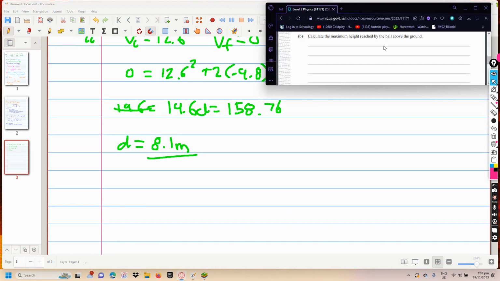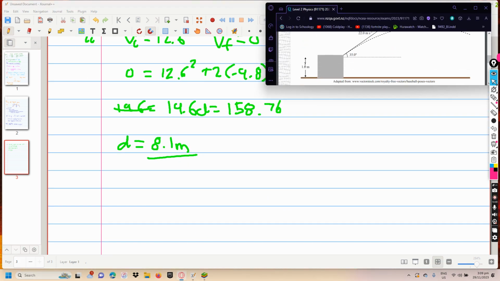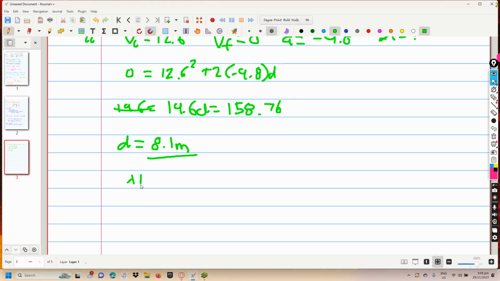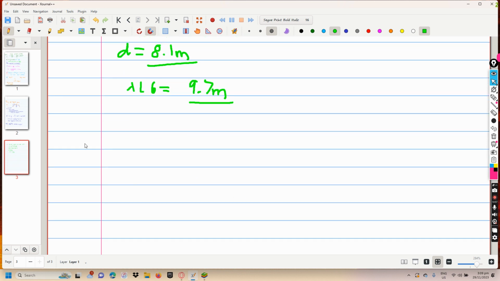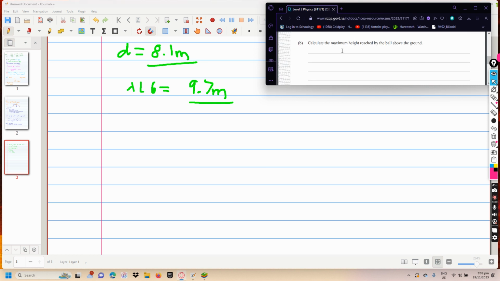Okay, but the question asked above the ground, and you've got to remember your batter's at 1.6 meters up already, so you add 1.6 and you're going to get 9.7 meters. That is the answer.